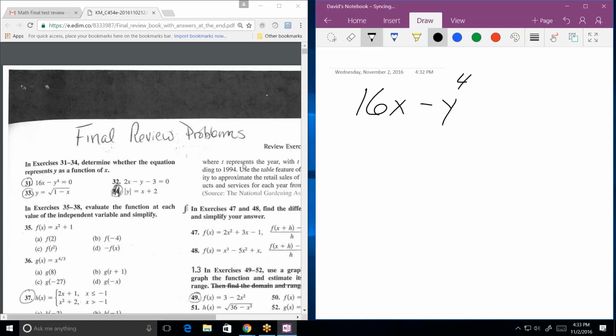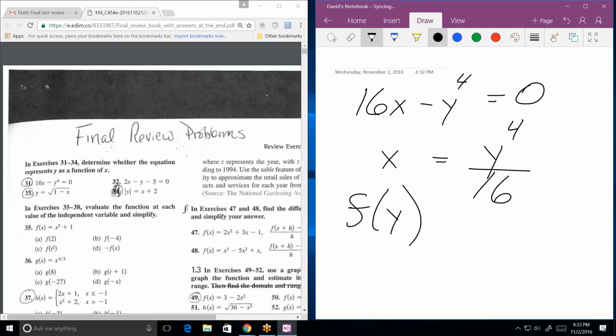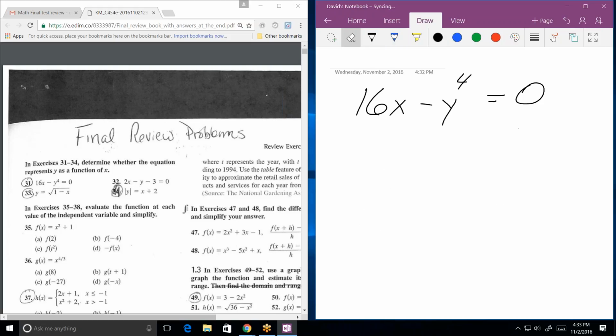In other words, I could solve this for x. I could say x equals y to the 4th divided by 16, and then what we have is a function of y. But I suppose I could also solve it for y.